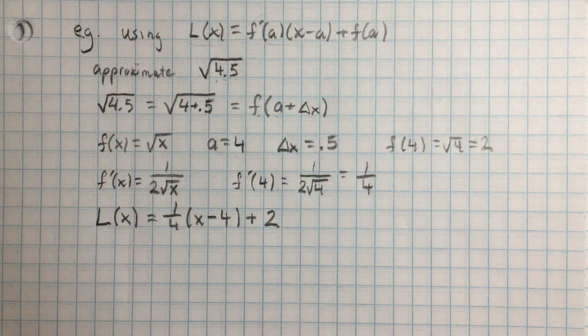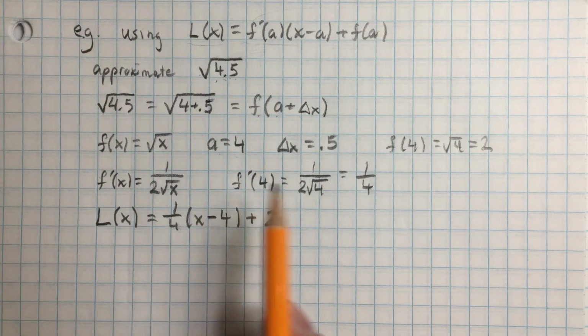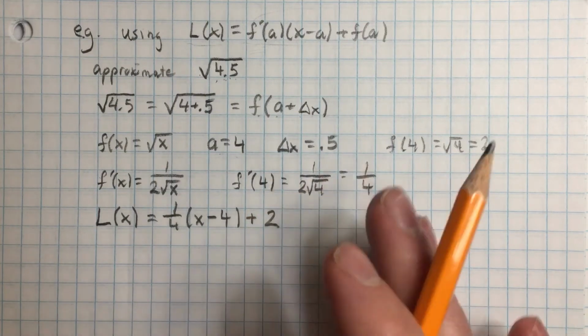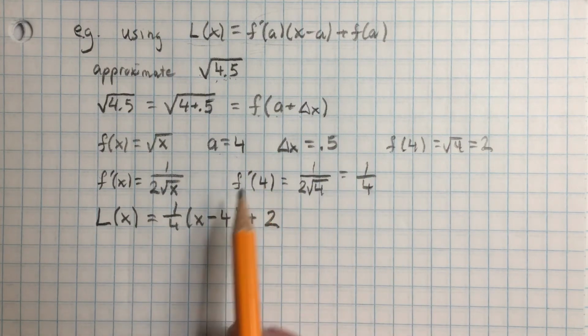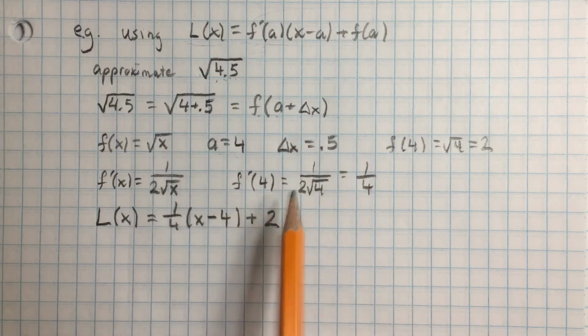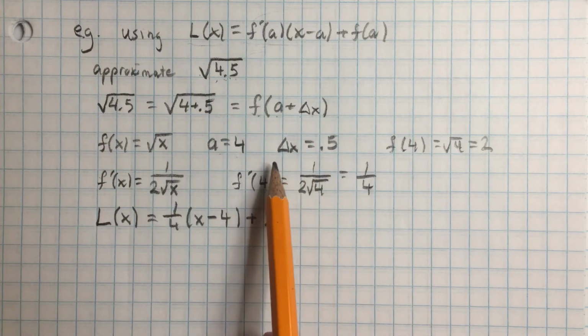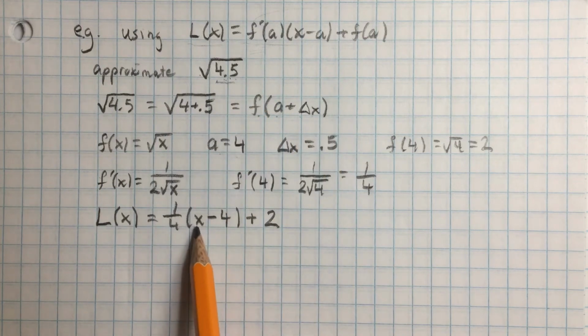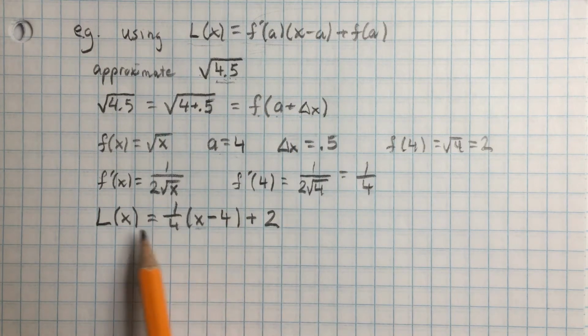All right, so now, to approximate the root of 4.5, or really anything, I mean, 4.1, 4.3, something close to 4. I've chosen 4.5, doesn't really matter. All we need to do is put the value 4.5 into the tangent line function, into the linear approximation. Right?